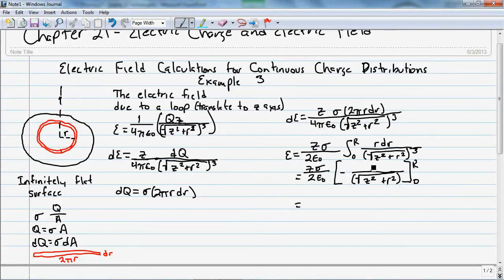Now I can move the z in, and I will do that here in a minute. So this is going to be minus, oh, I shouldn't have put an equal sign there.